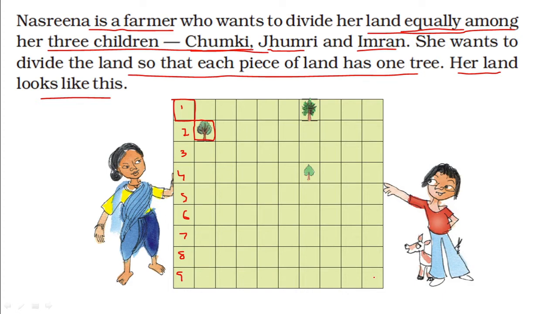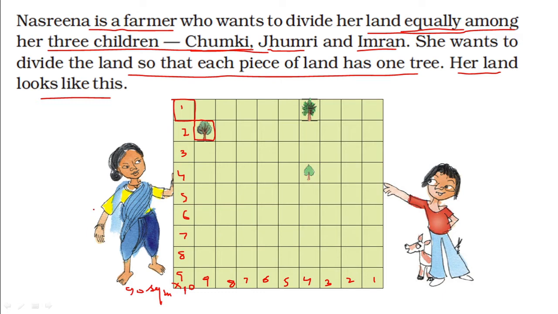And now count this: 1, 2, 3, 4, 5, 6, 7, 8, 9, 10. So total area is 9 into 10, that is 90 square meter.